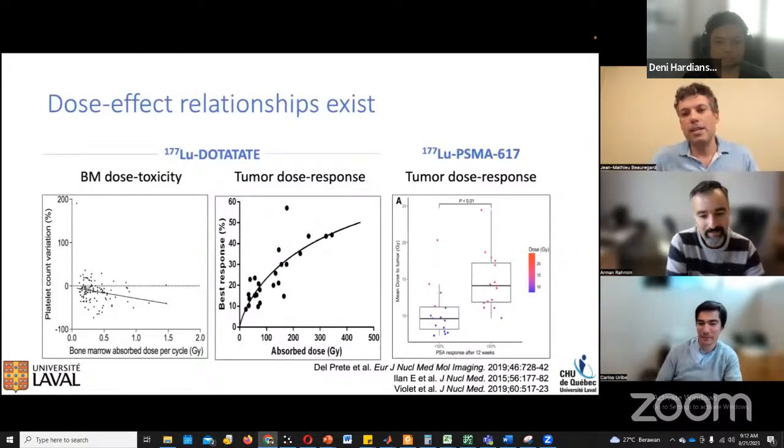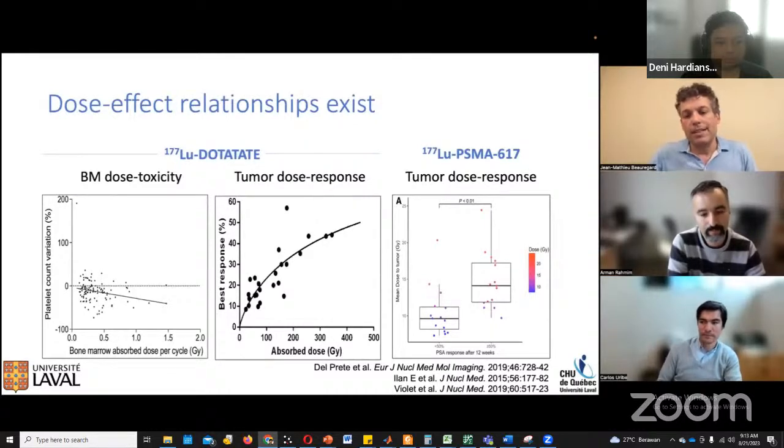Yes, because even the patients receiving the most absorbed dose to their critical tissue, like the bone marrow or the kidney, still, for the vast majority, tolerate the treatment very well. So it means that perhaps we could increase the absorbed dose, and to achieve this, we would increase the injected activity in those patients receiving less radiation per administered activity.